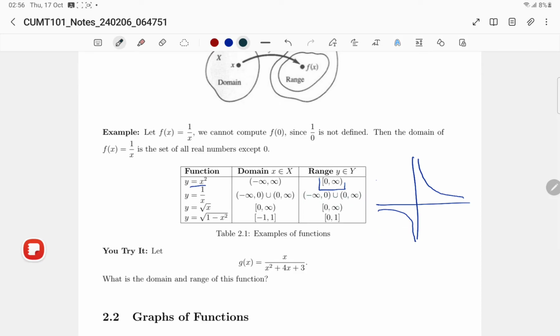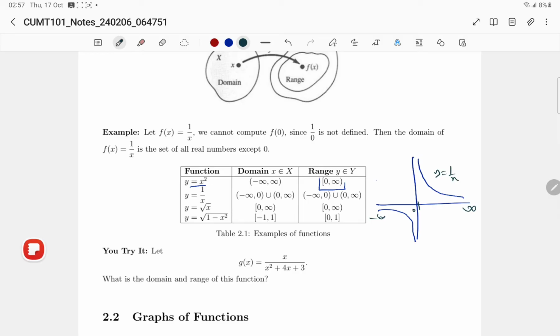The domain are the x values. They start from minus infinity up to 0 and 0 up to infinity. That's for the domain. The range is also minus infinity up to 0 and 0 up to infinity. So for y is equal to 1 over x, that's how it looks.